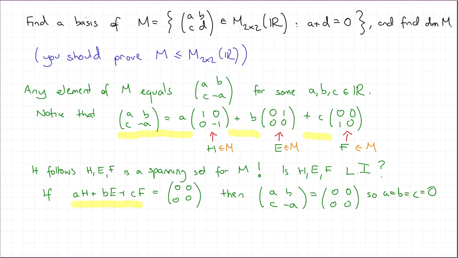Now we've proved that H, E and F is linearly independent, because we showed that if you had a linear combination of them equal to the 0 vector, then all of the coefficients in that linear combination must be 0.